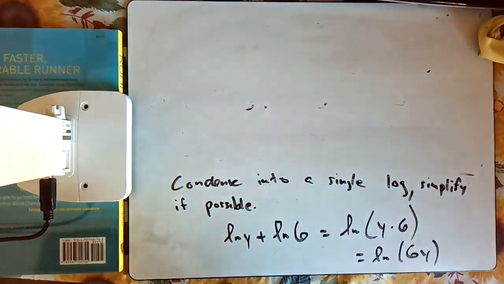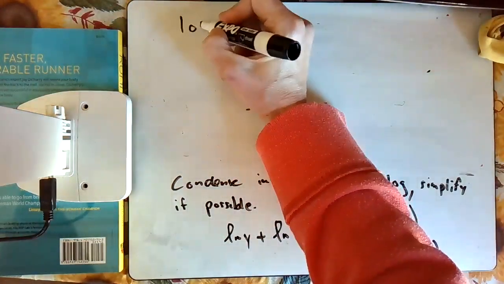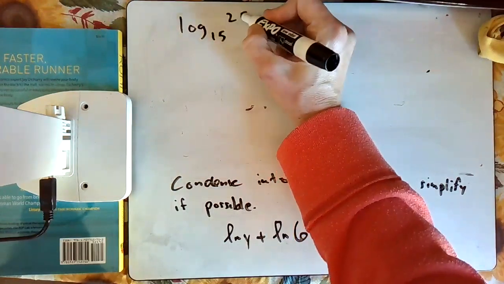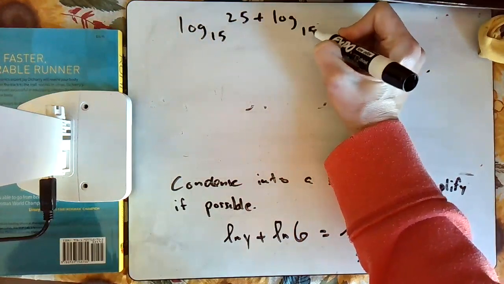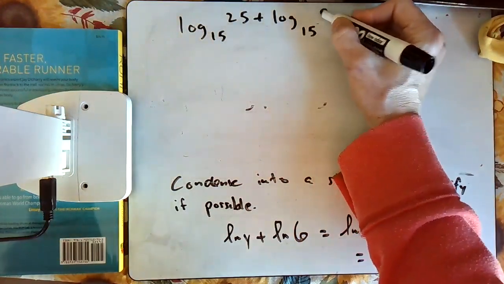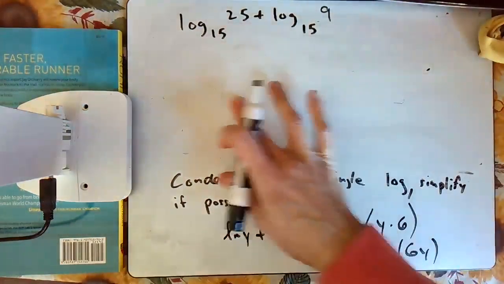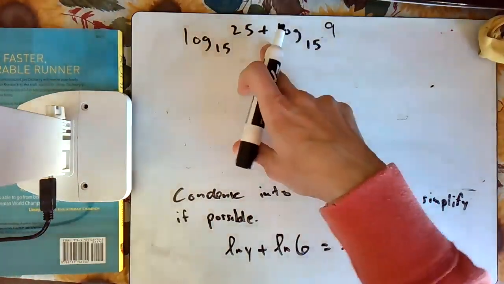Now, what if we have log base 15 of 25 plus log base 15 of 9? Looking at this, again, we're adding, right?